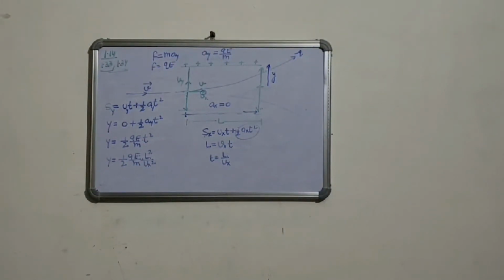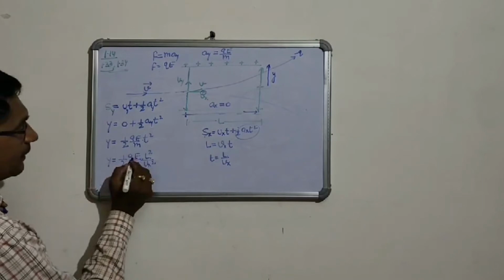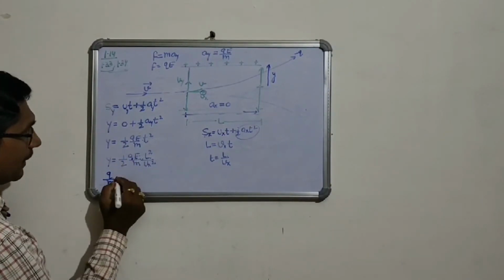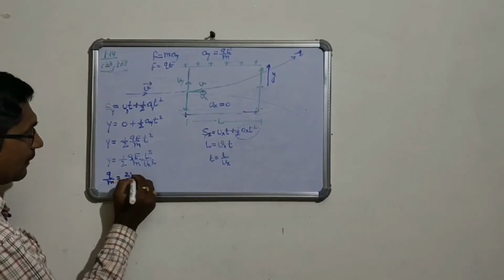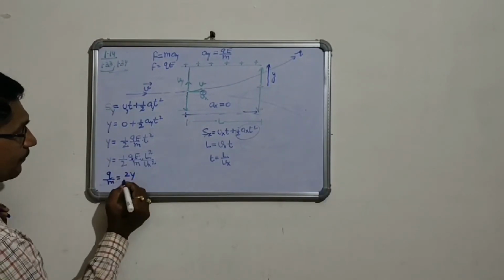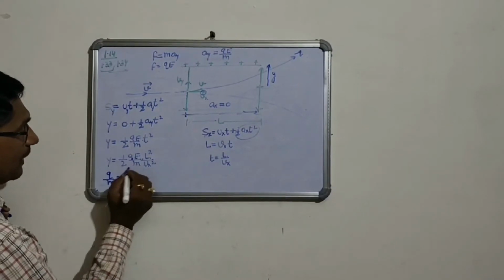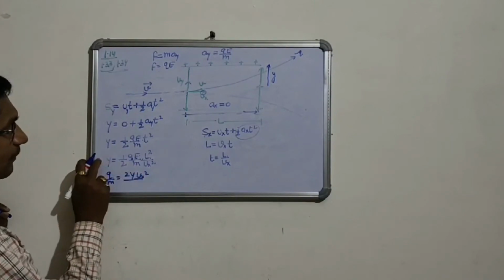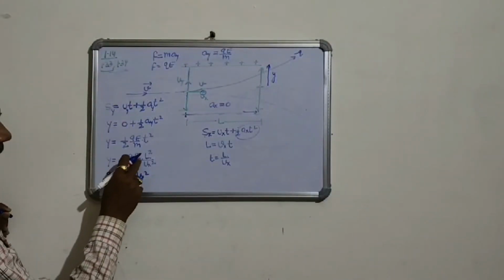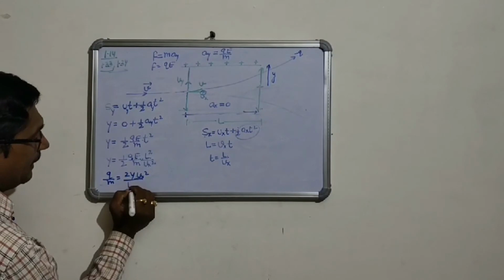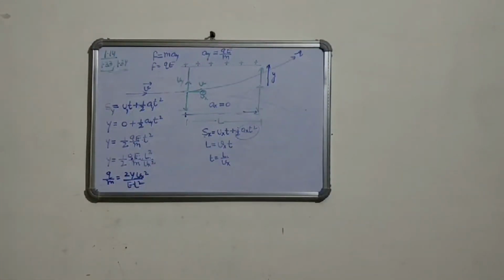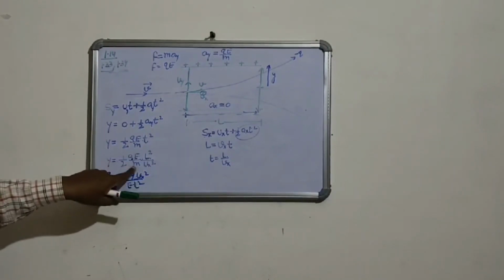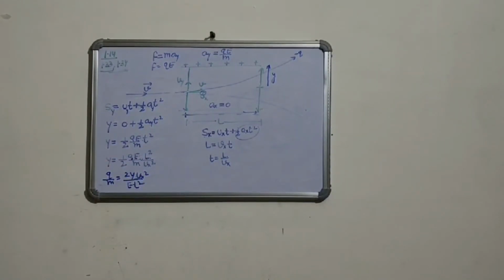Now we can calculate the ratio of Q by M. So Q by M equals 2y Vx square upon E L square.